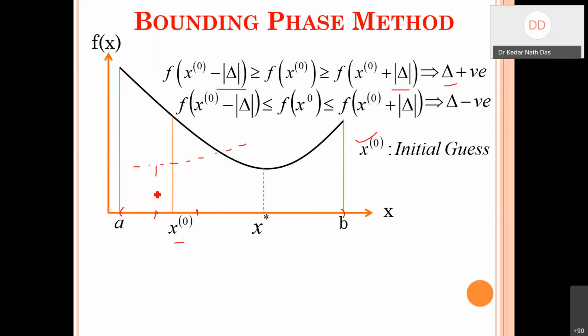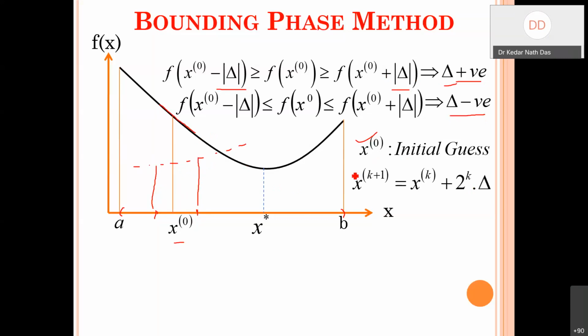Then only the function value is less than the function value at x0, which is again less than the function value at the right hand side. Now, if this is the curve, then it indicates that we have to go towards the left. That's why the delta is negative. And this is the case, means we have to go to the right because delta is positive.